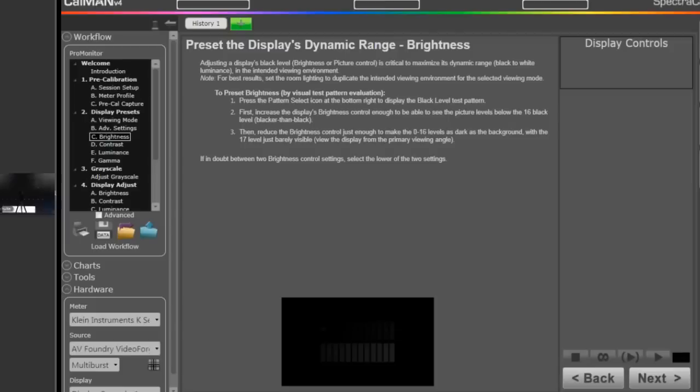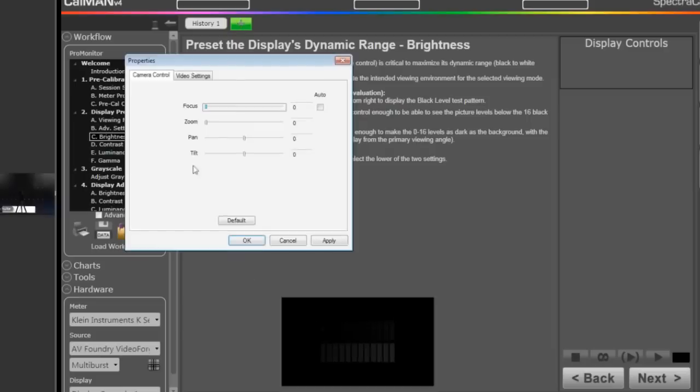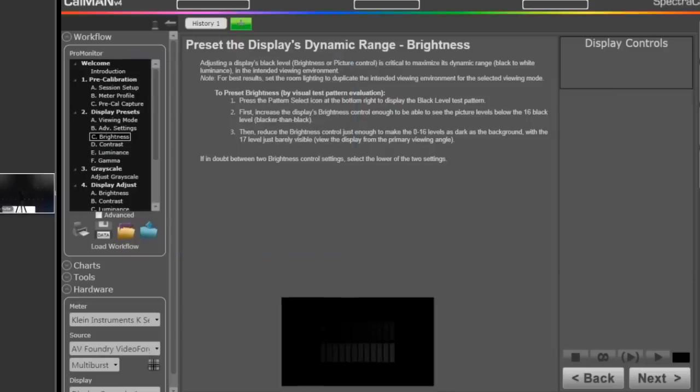In video, 16 and below are the black levels. 16 is black level. Anything below 16 is spoken of as blacker than black. You can see, I hope, in the webcam, and let me see if I can reset my exposure just slightly so that you can see that a little better.